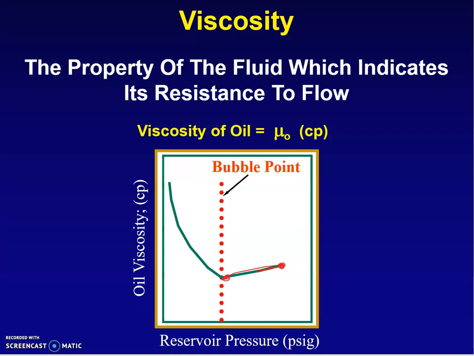One of the reasons for this is that we are talking specifically about the liquid part, the oil. So look at the oil, what happens at, let's say, two stages, and then we have the bubble point stage, the bubble point pressure.